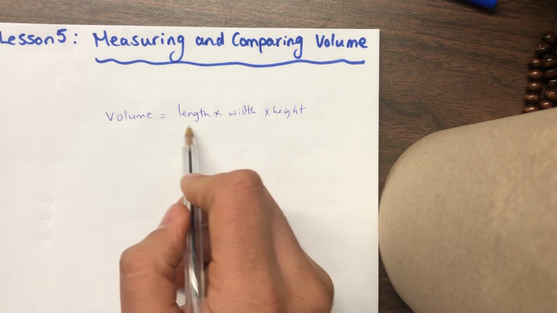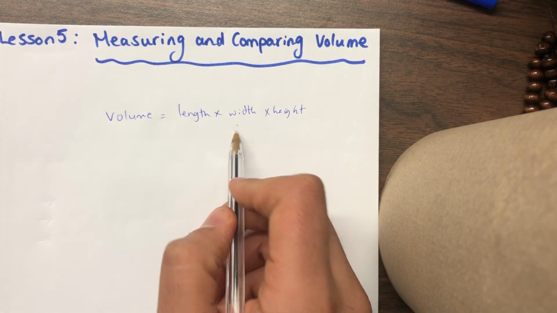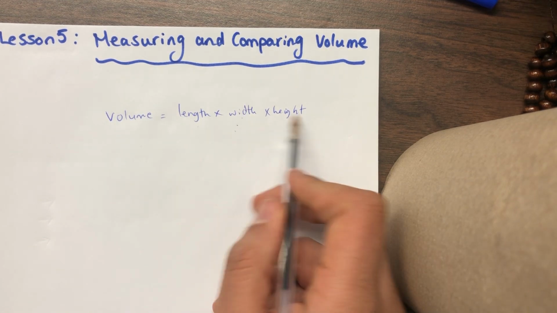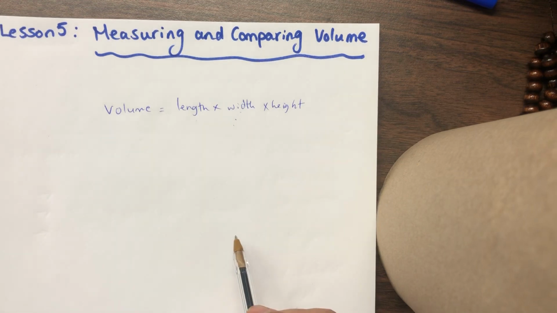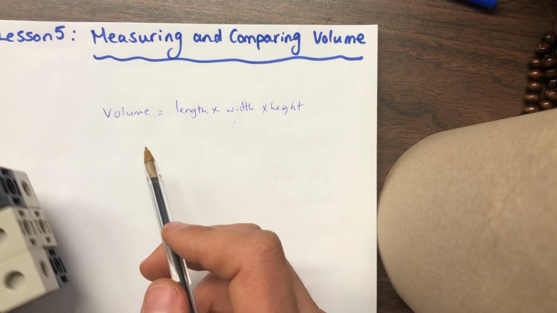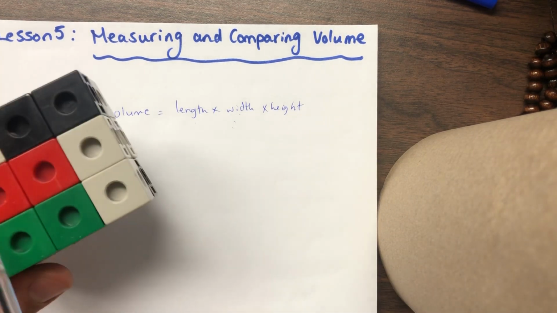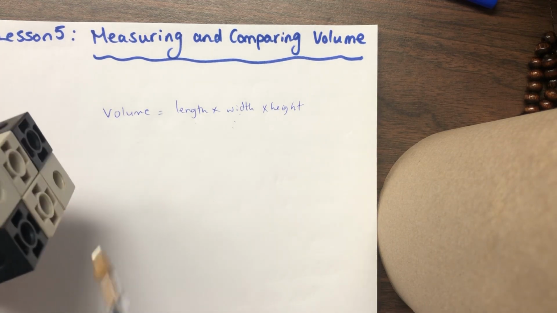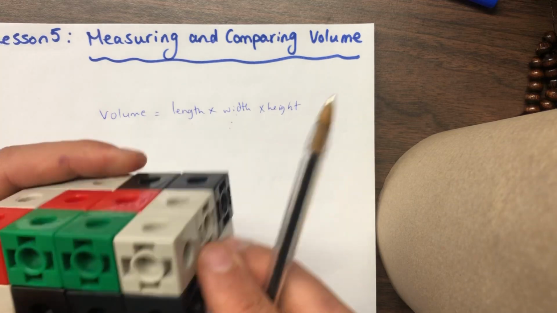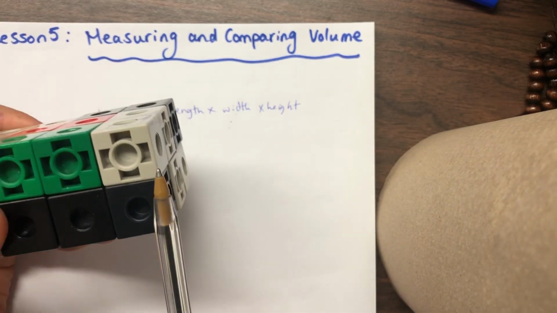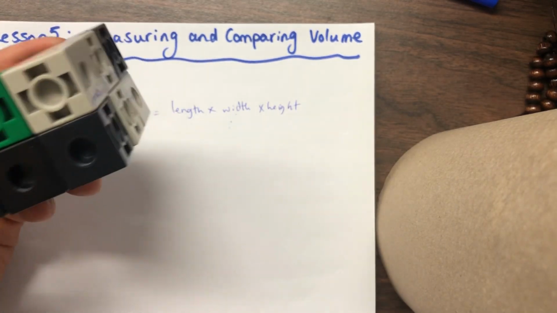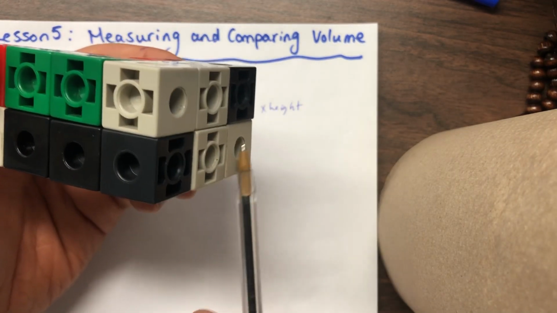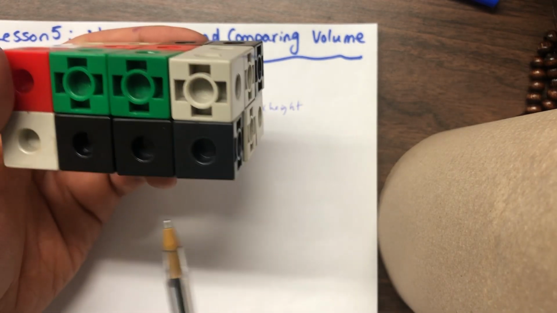Okay, so length times width is basically the answer of the area, but when you add the height, that would be the answer of the volume completely. So if we're working with area, we're basically just going to do length times width, but since we're dealing with the volume, we must add the height. So we got the length, we got the width, we got the height going upwards.